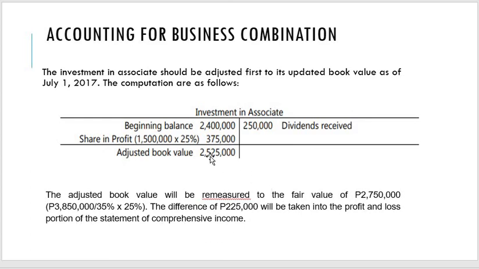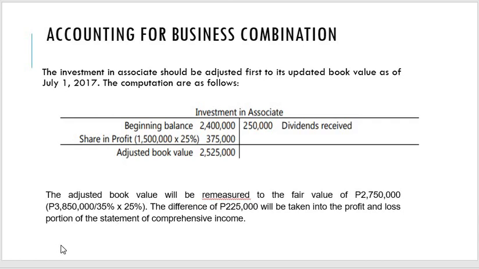Okay, so yung adjusting entry niyan, so mag-debit ka lang ng investment in subsidiary, no, at 2,750 less investment credit investment in associate at 2,525,000, and then gain na 225,000, no, to record the transfer from investment in associate to investment in subsidiary.